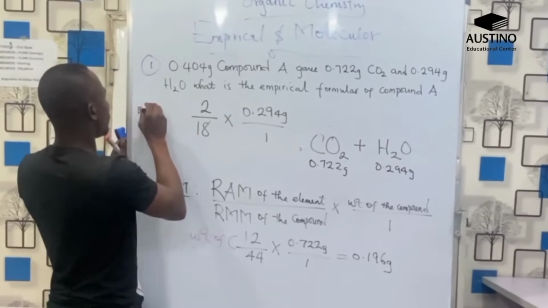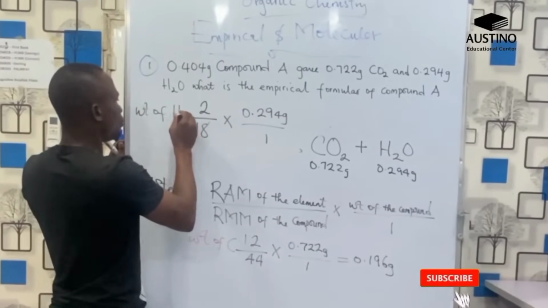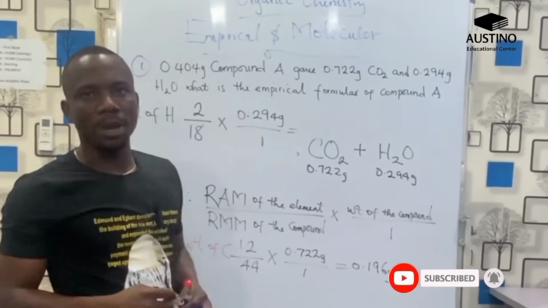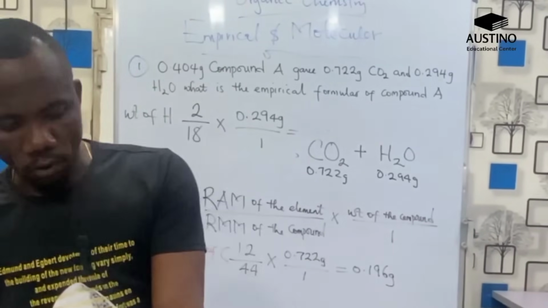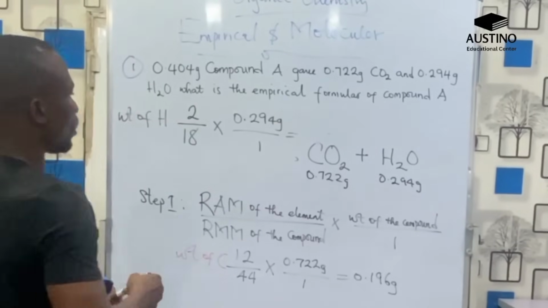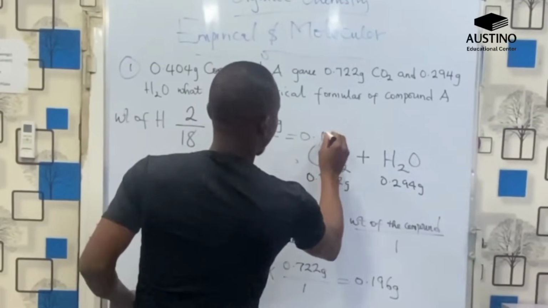If you do that, that will give us the weight of hydrogen present in the unknown compound. If you do that mathematically, you will have 0.032.